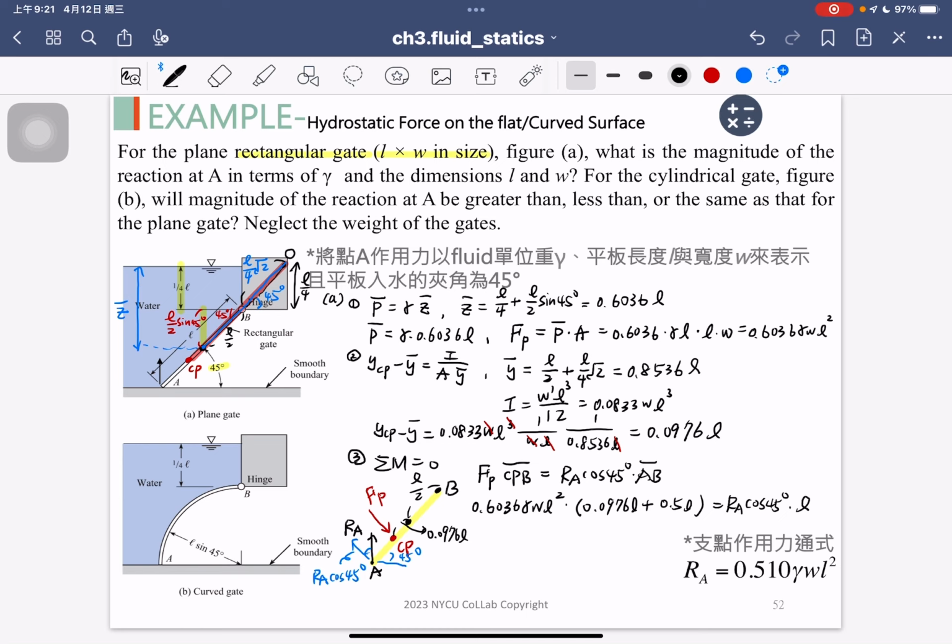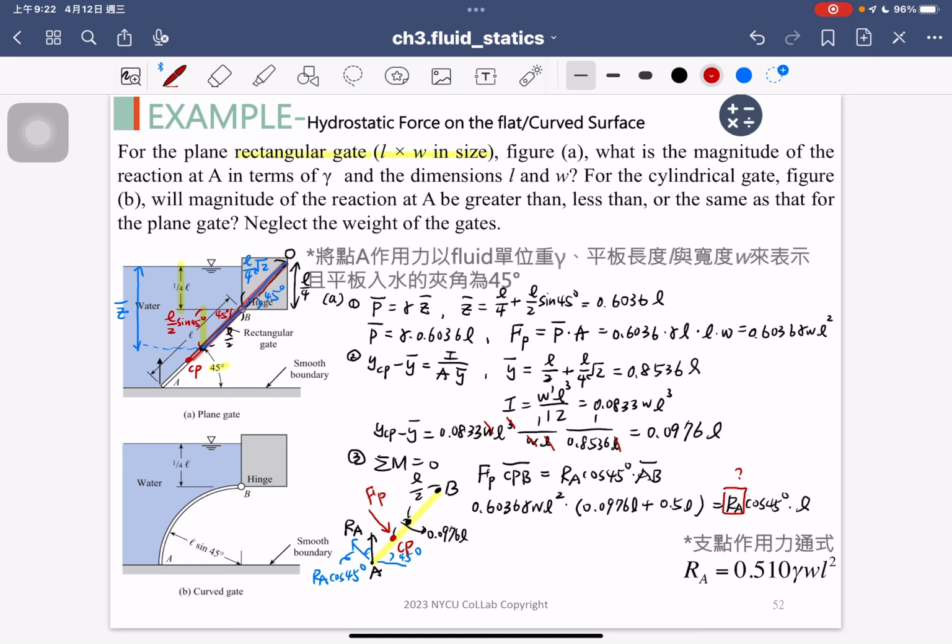So only one unknown parameter remains, which is RA. You can put all of the numbers into the equation and compute how large RA is. For me, I check the answer: 0.0976 plus 0.5, multiplied by 0.6036.